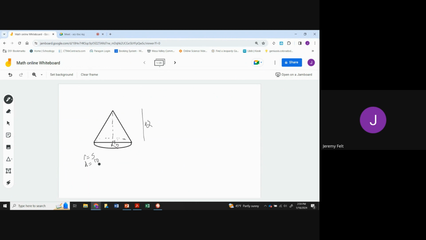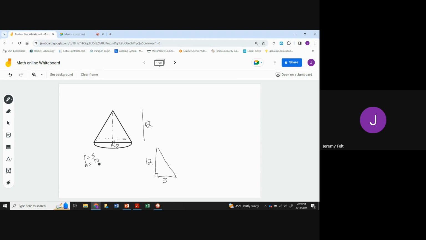So again, we're going to think about this as a right triangle, because we're focusing in on this cross section. We'll draw it out right here. So what do we know? This is from the center to the side. That's one of the radii of the circle, so that's this distance right here: 5. The height of our cone is represented right here, 12.